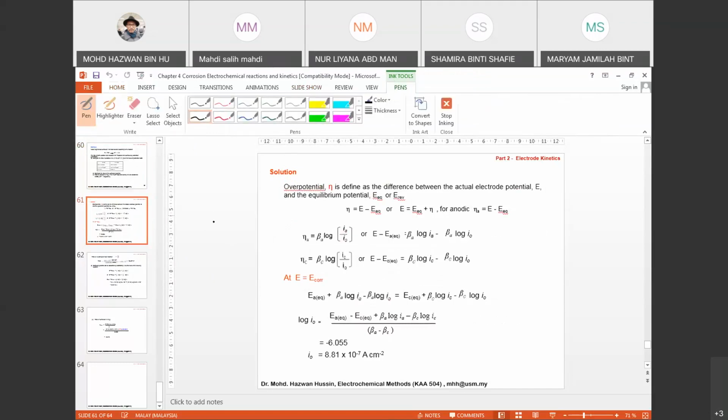What would be the potential value for nickel? Minus 0.25, right? And then anodic current density, what's the value? Anodic is 1 times 10 power minus 8.